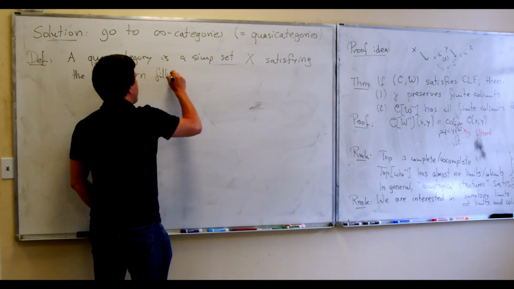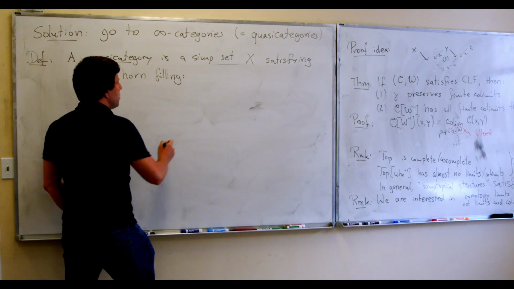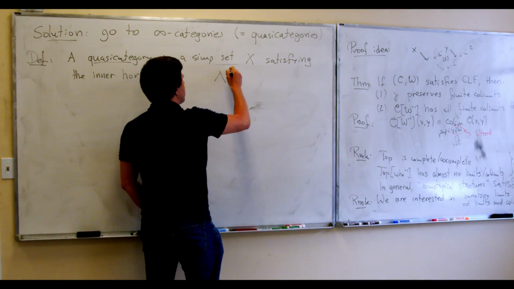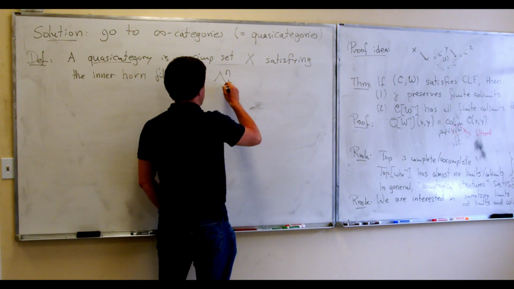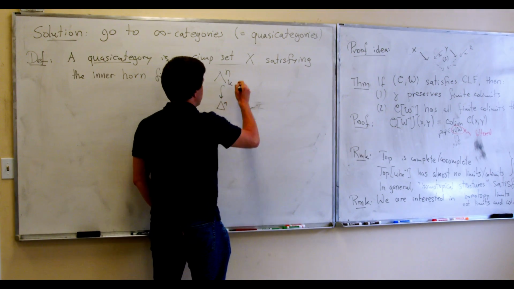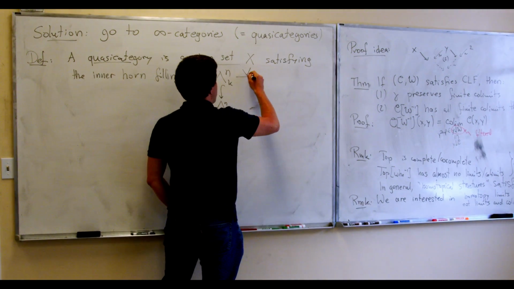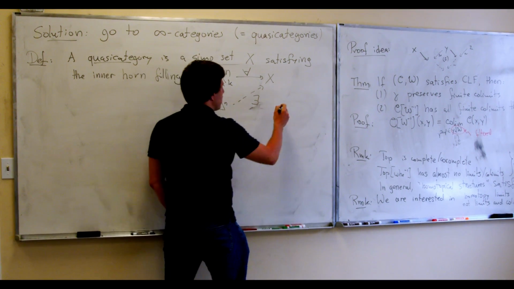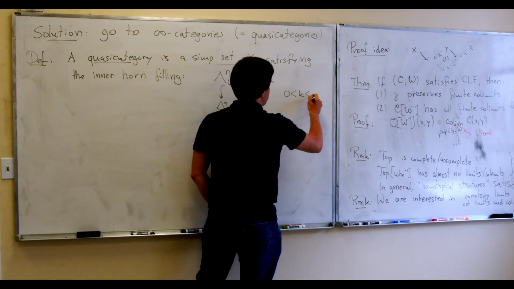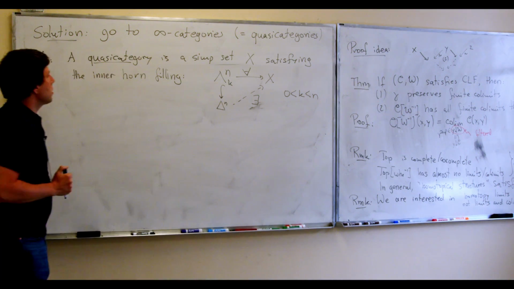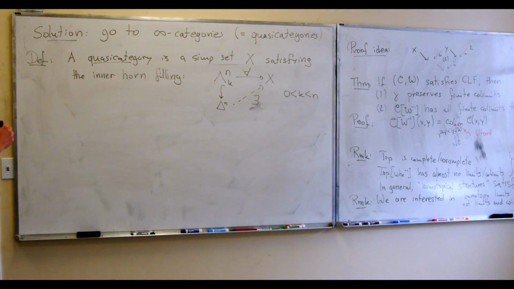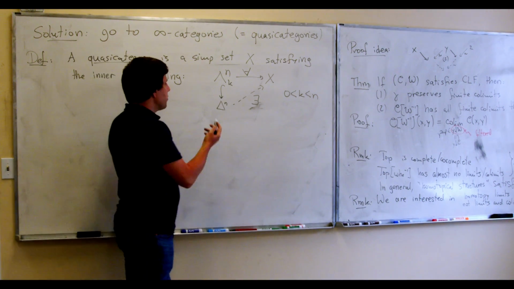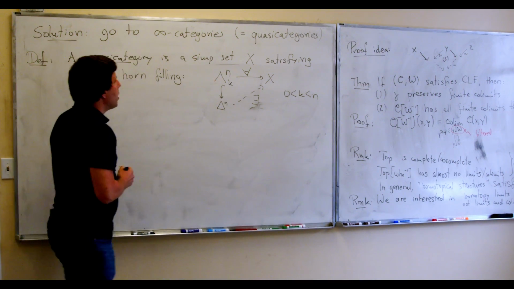So what that means is I have the nk horn, I have the simplex. Well, for any map like that into X, there exists a lift, not necessarily unique, whenever 0 is between K and N strictly. So in other words, I can compose one simplices, but I cannot invert them. And I can compose all higher simplices.